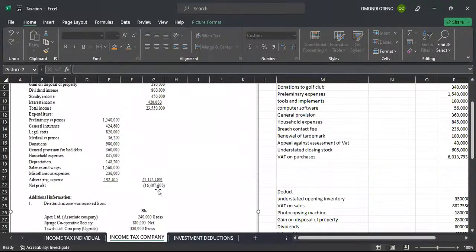Is it a negative or a positive? This 16,407. Is it a positive or a negative value? Hii ni positive ama negative? This 16.